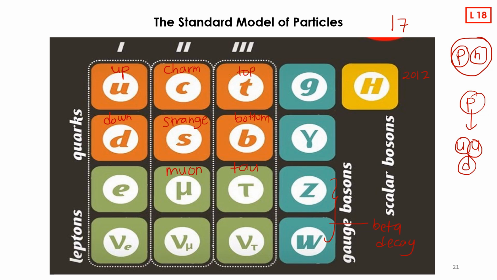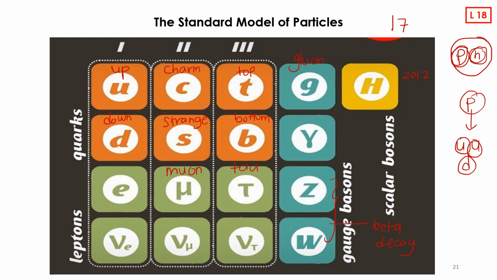To observe the W and Z directly, we needed the high energy collisions provided by particle accelerators. G, gluon, is the one responsible for strong force. What is strong force? Strong force is the force that is responsible to bind proton and neutron in a nucleus.